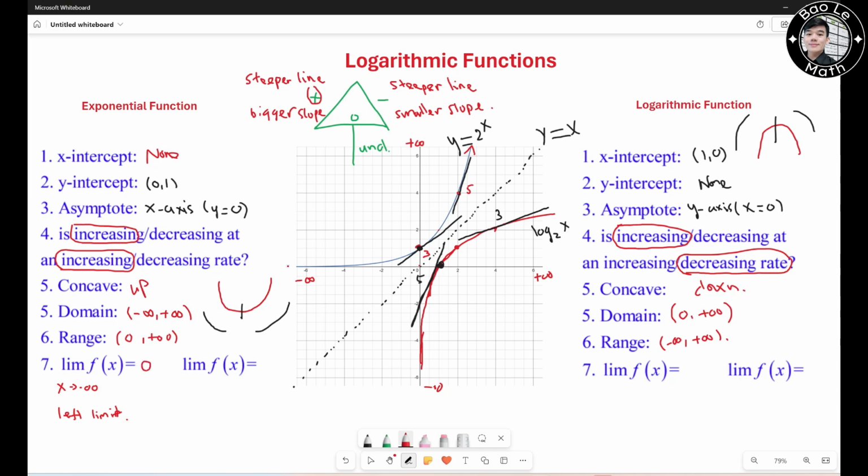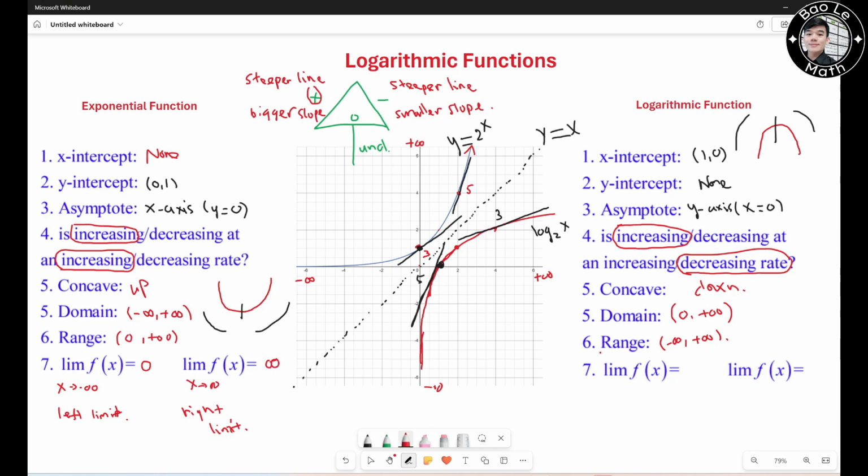Now when x approaches positive infinity, x goes to the right and the function keeps going up forever. This is the right limit. So the limit of f of x when x approaches positive infinity is positive infinity.